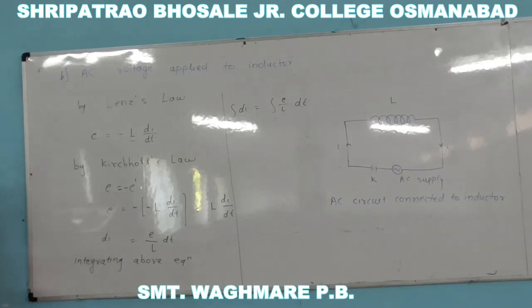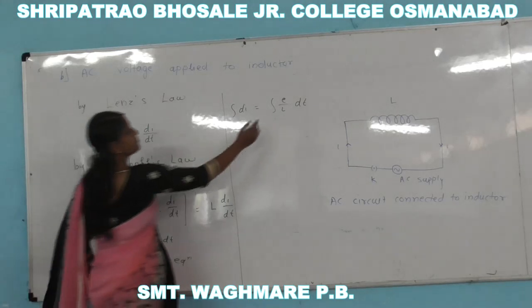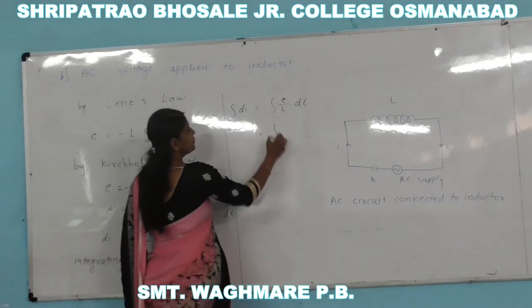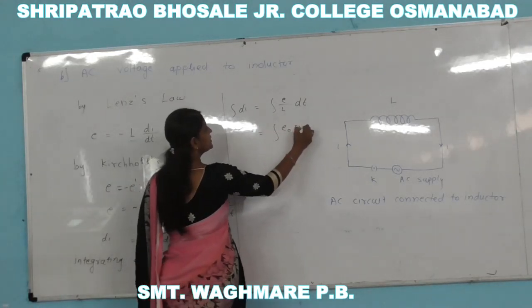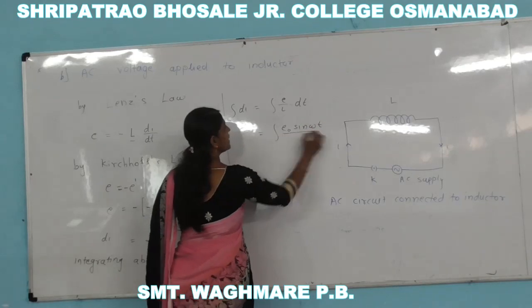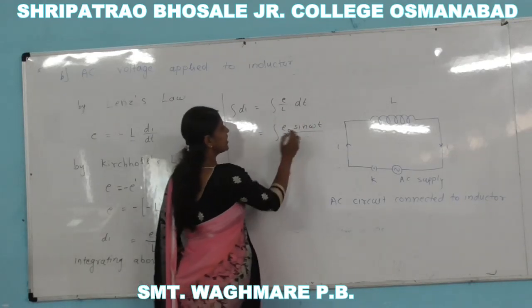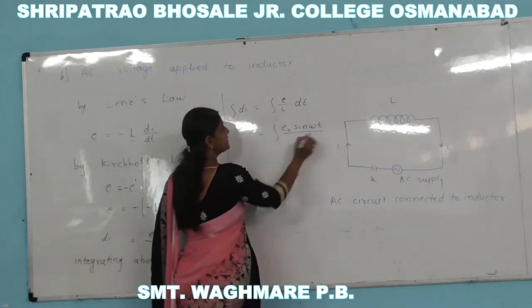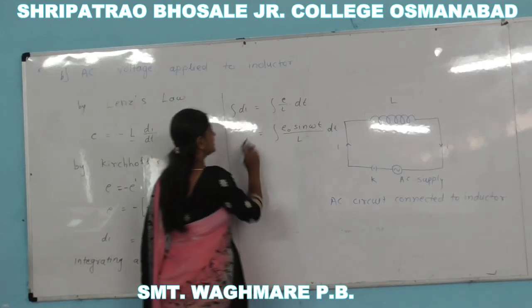Now we know that E is equal to E naught sin omega t. L will be as it is, and dt will be as it is.